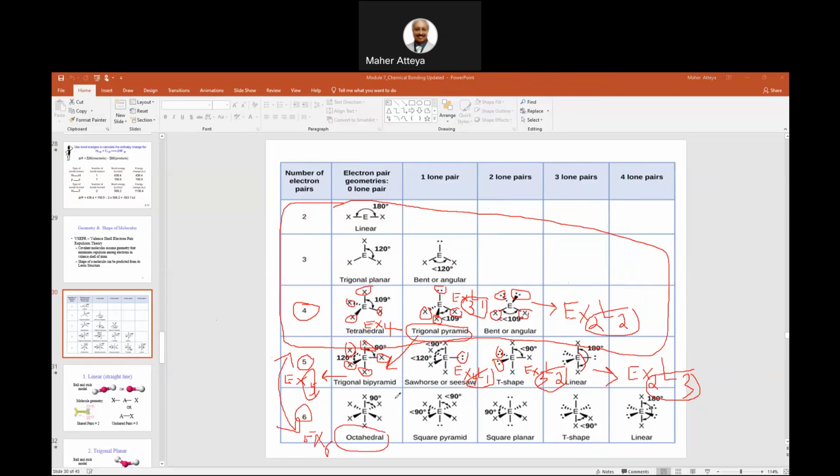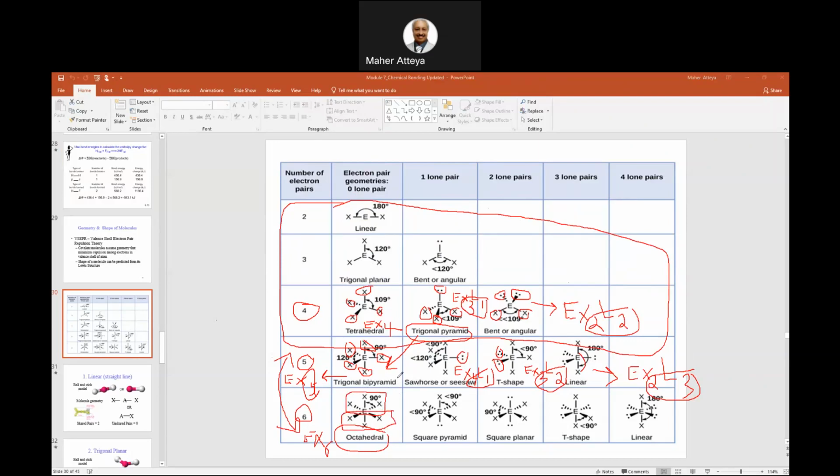If you have 2 of those diamonds together, having the same base, that will be octahedral. So if you look at this, this is the first, and this is the second one. So you have two tetrahedrons having the same base, and that's what octahedral is. Octahedral is double the tetrahedral.